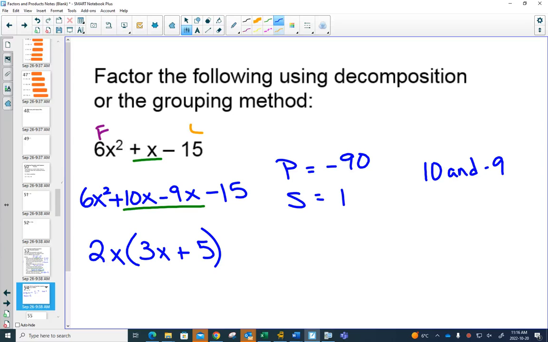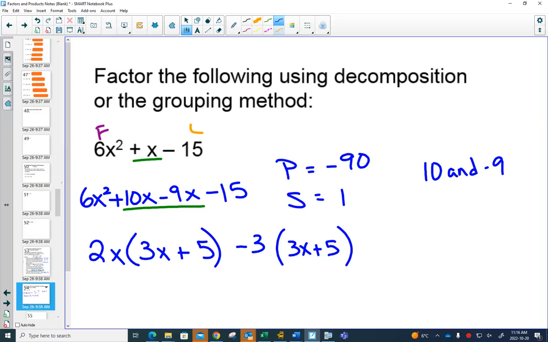Your goal, though, is that whatever you pull out, you want this 3x plus 5 to happen again. So if I want this to be 3x plus 5, can you see that I would have to take out a negative 3, not a positive 3? Because a negative 3 out of a 9 would give me positive 3 here. A negative 3 taken out of the 15 would give me positive 5 there. Yes?